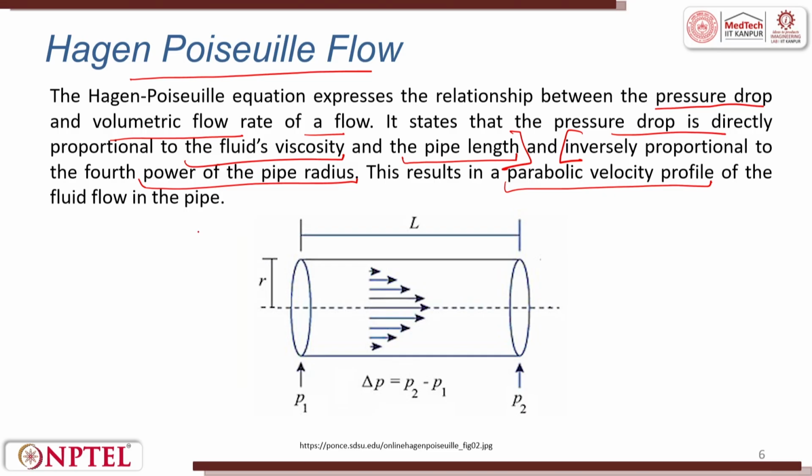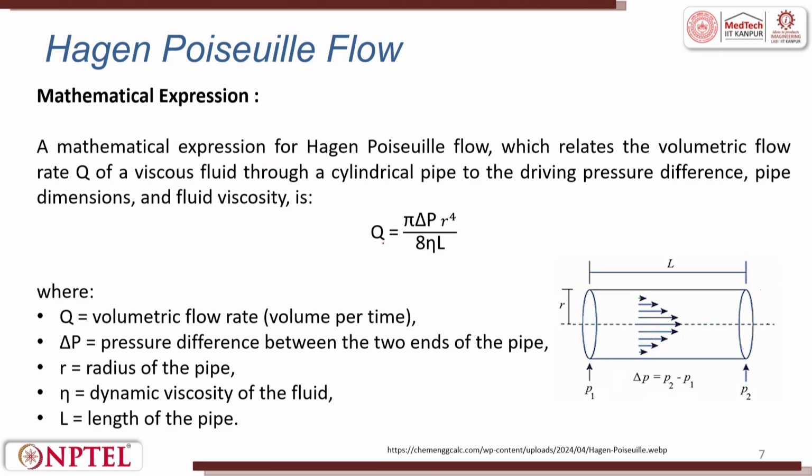So, the Hagen-Poiseuille flow equation is given in this way. You can see it here. It says Q is equal to pi into delta P into R power 4 by 8 eta L. It says the flow is directly proportional to fluid viscosity. You can see in the equation Q is here and we have eta and L in the bottom.